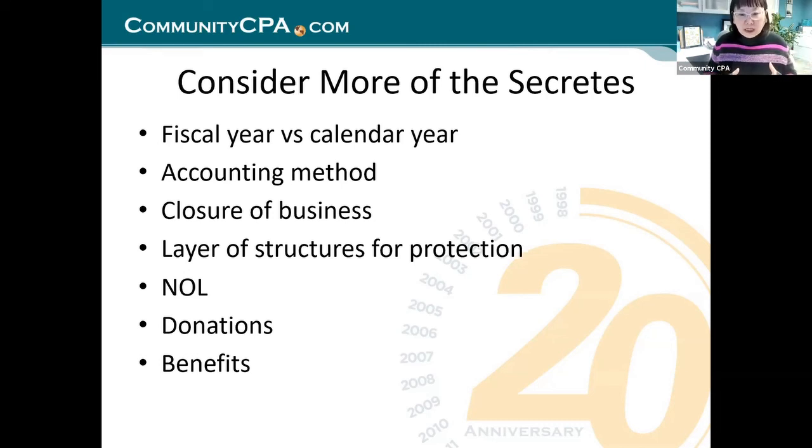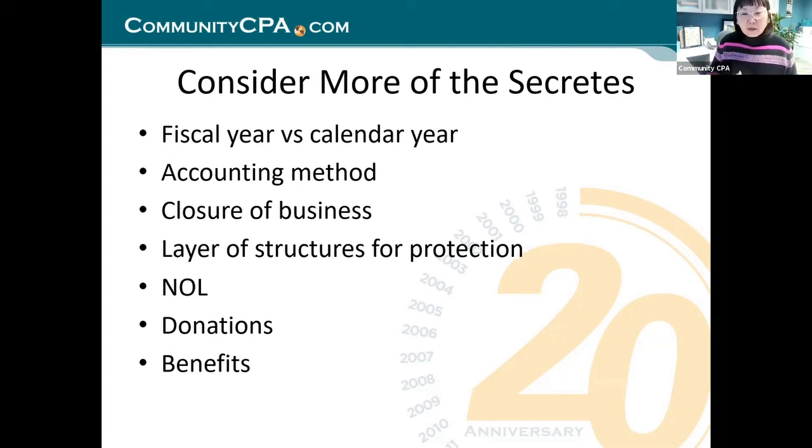The layer of structure for protection: from LLC you can go into corporation, from corporation you can go further. So there's a layer of structure you can do. NOL, I kind of touched on it, is a net operating loss, which you can carry back 5 years under the CARES Act. I have other webinars that talk about that, and you can go to YouTube to take a look.